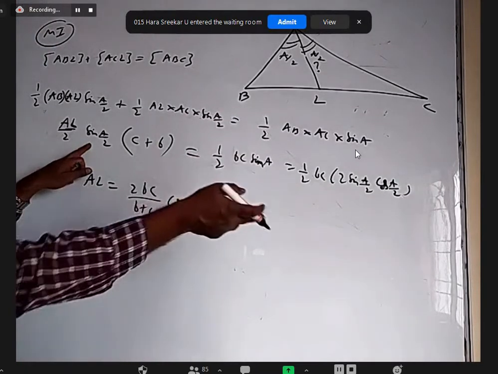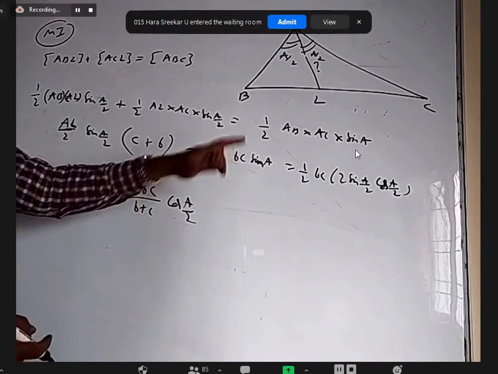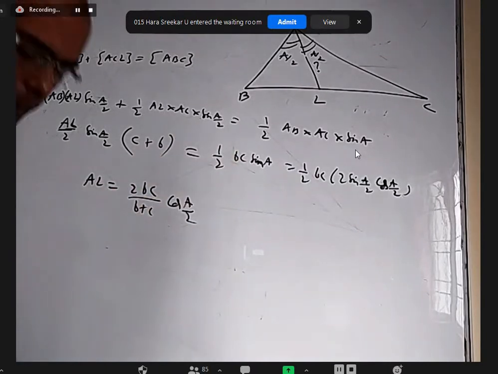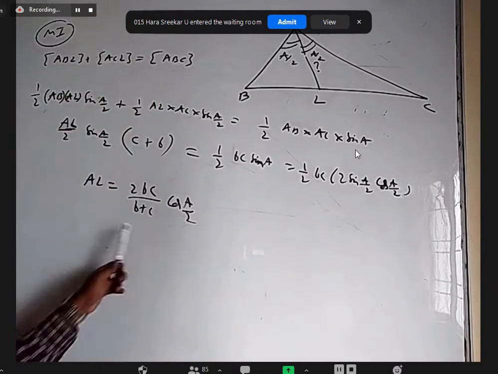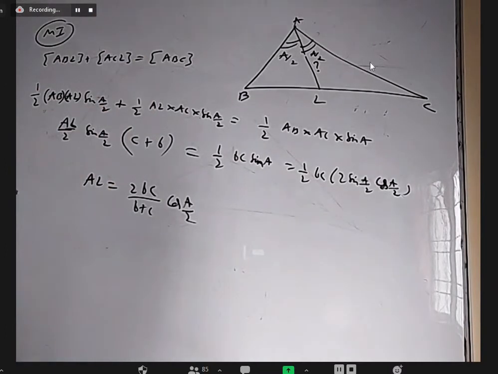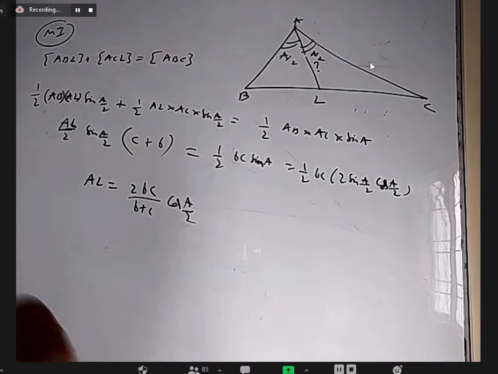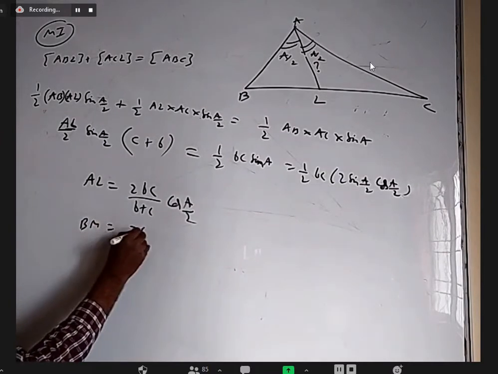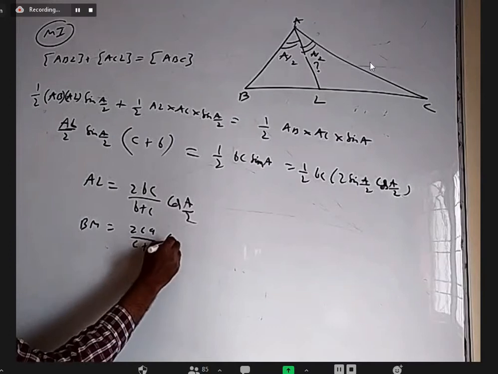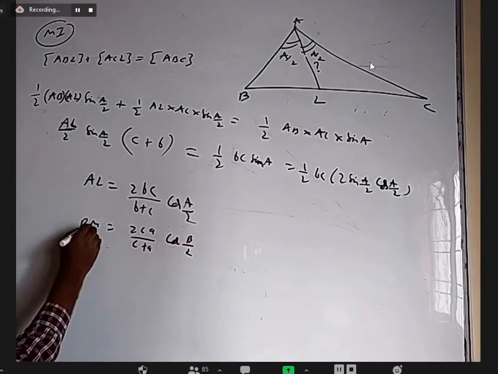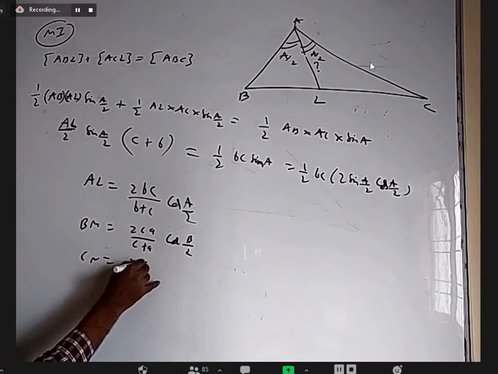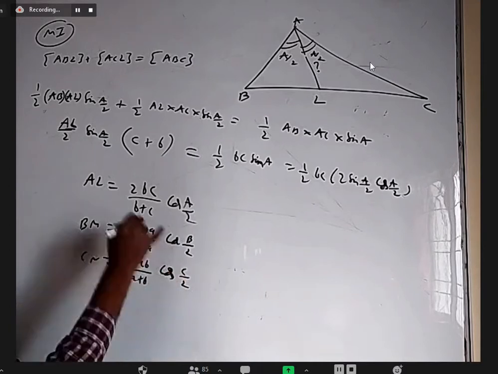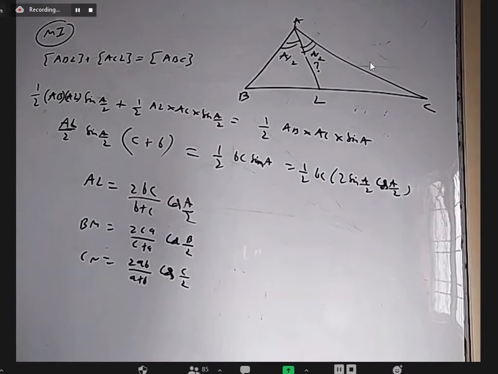The 2 got cancelled, 2bc is left, cos A by 2 left. So this is a formula. We'll use it in quite a few questions, at least in Advanced. Similarly, BM length is 2ca by c plus a cos B by 2, and the CN length is 2ab by a plus b cos C by 2. These are the three lengths of the angular bisectors.